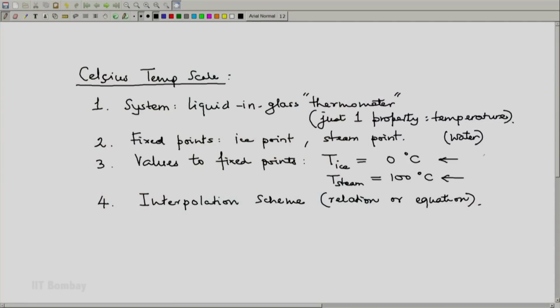Another scale which is very similar to this is the Fahrenheit scale. For the Fahrenheit scale, the ice point is 32 degrees Fahrenheit and the steam point is 212 degrees Fahrenheit. Very similar to this, just a difference in the definition of ice points, and of course a corresponding change in the interpolation scheme.